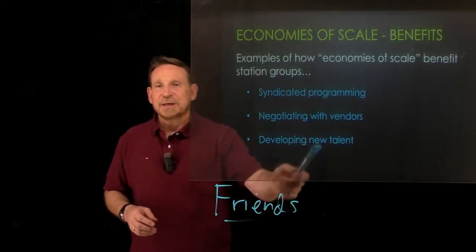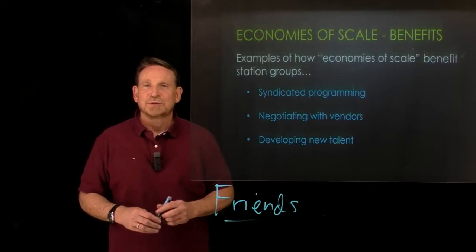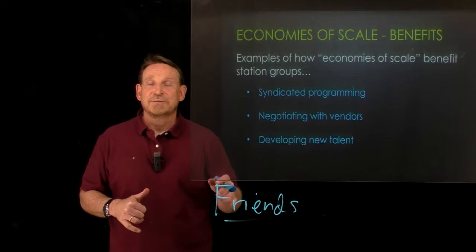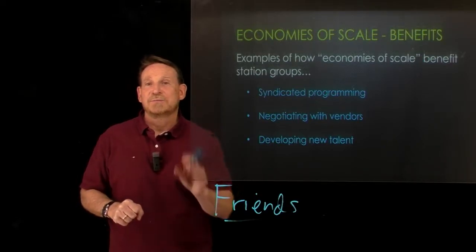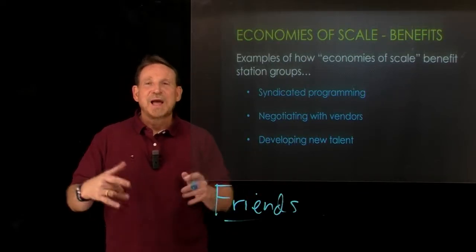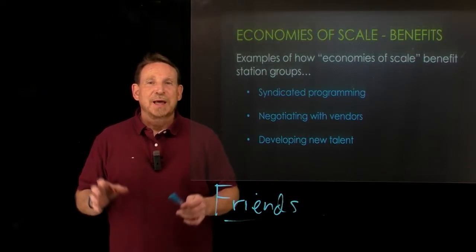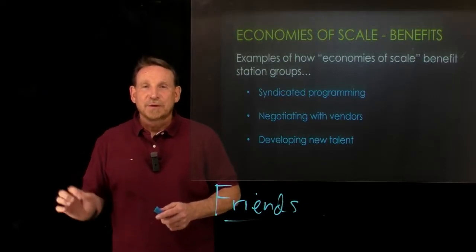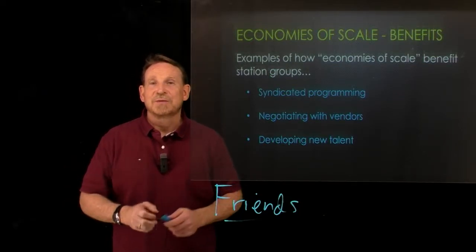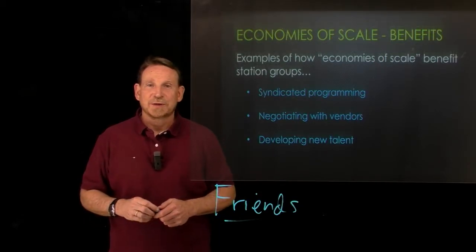Another example here is the idea of new talent, which is slightly different, but I think it's related and I think you'll understand in a moment. Let's say Hearst has stations in 3 different markets, 100th market, 50th market, and let's say the 18th market, which is Orlando. If they have a news anchor who is really, really good, and they're in that 100th market, they're going to want to bring that person up perhaps to the 50th market and get them settled there because they can generate more money in the 50th market than in the 100th market.